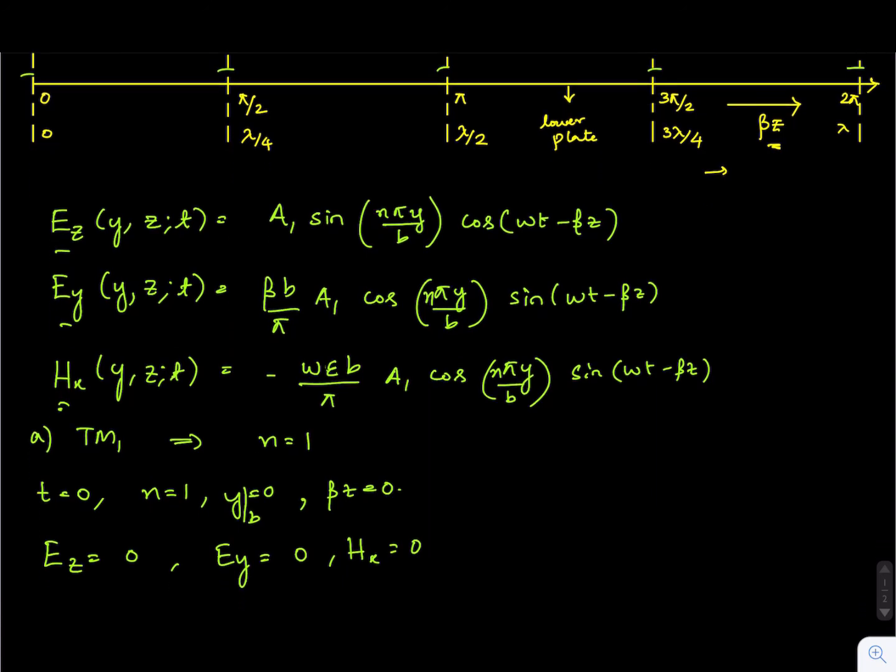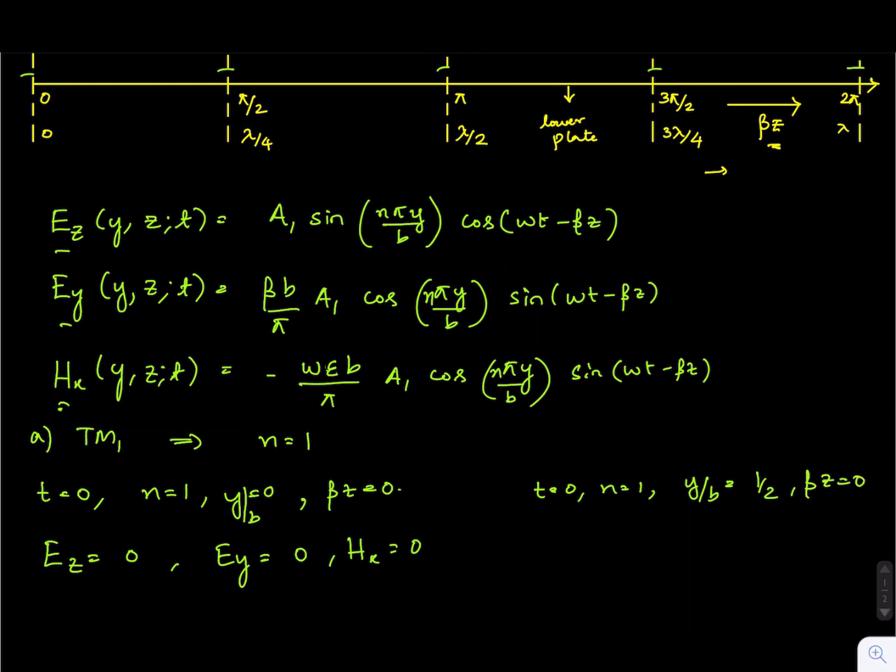Now let's try t equals 0, n equals 1, y by b equals half, and beta z still equal to 0.